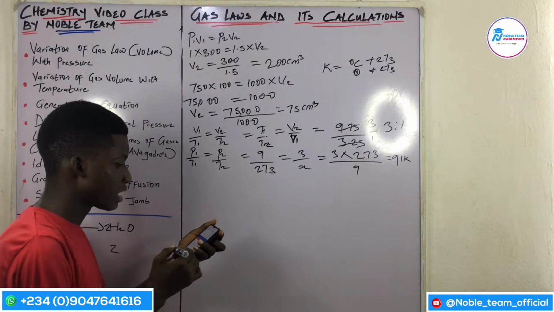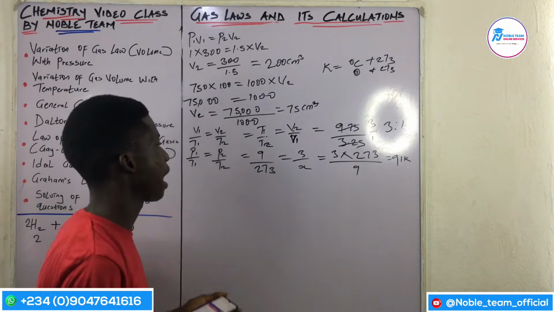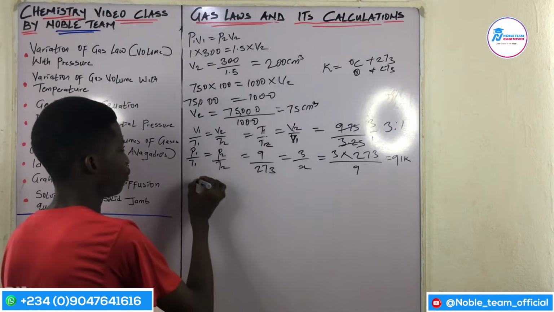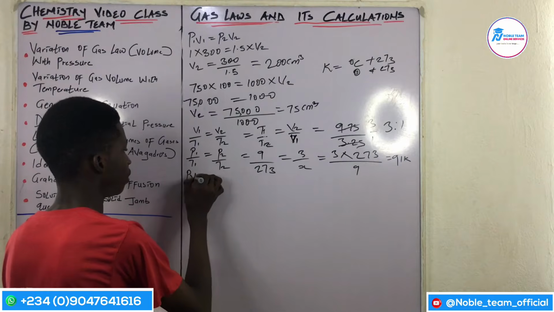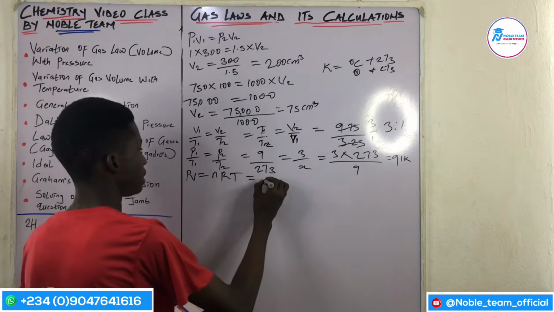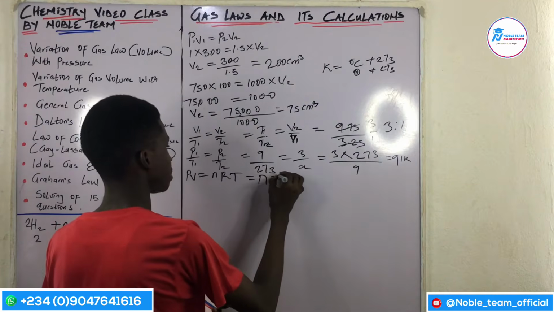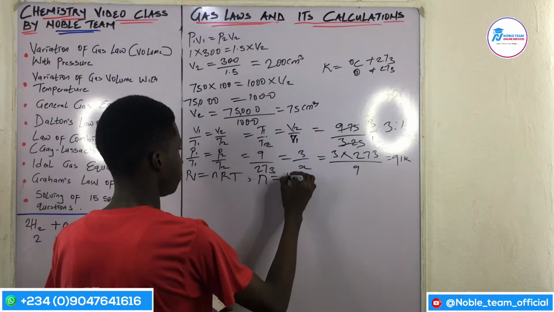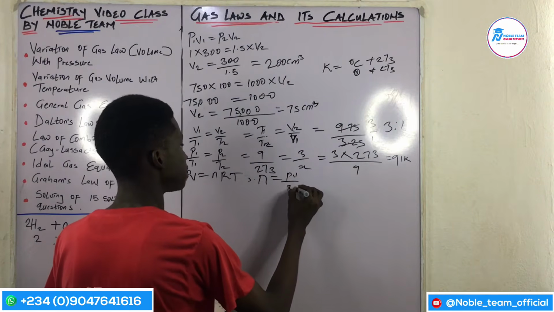We are asked to solve for the number of moles. So I have PV is equal to nRT, then n is equal to PV over RT.